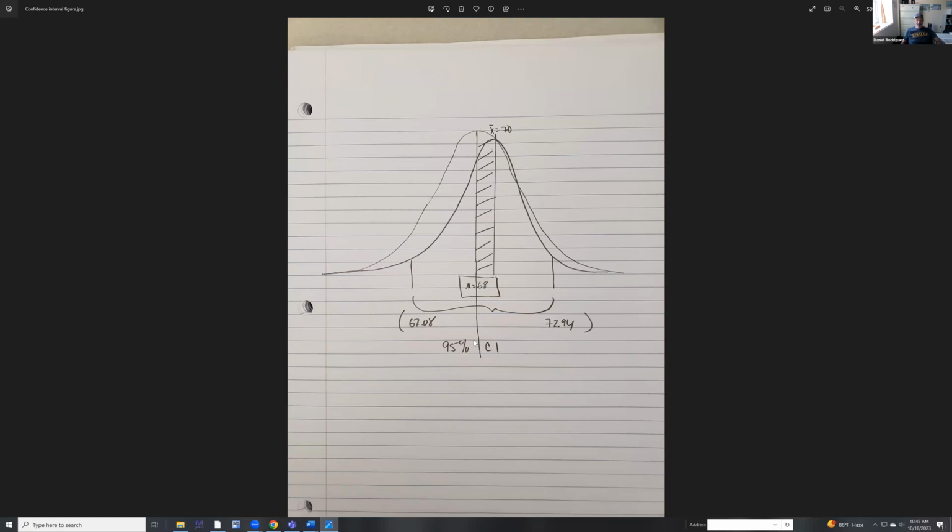So our sample has a mean of 70, and the population mean is 68, right? So you can see our sample mean differs from the population mean by like 2 units here, right? We see that 95% of all samples would include the population mean. And in this case, we pretend that 70 is our population mean.